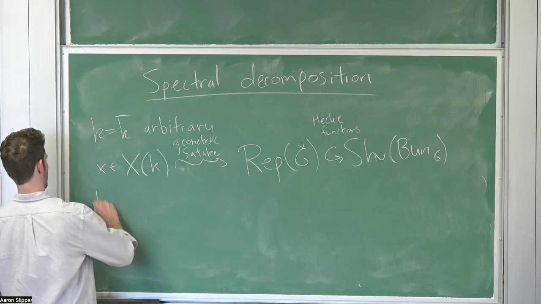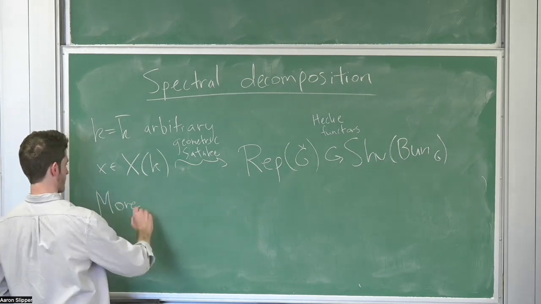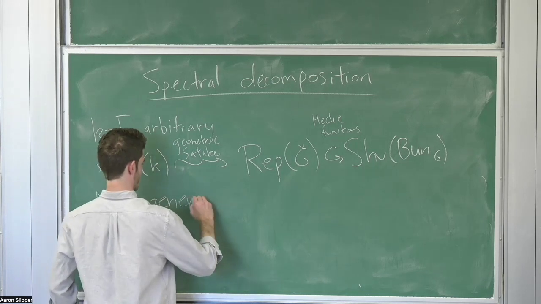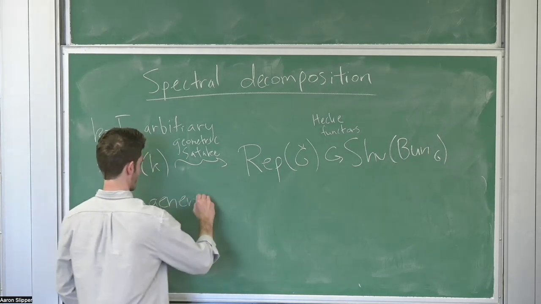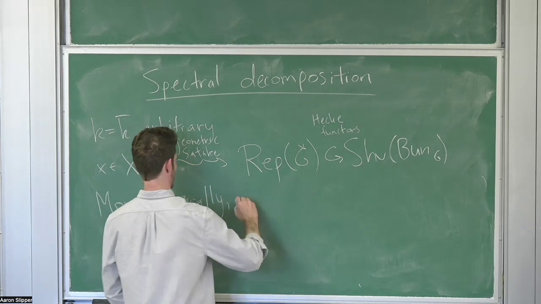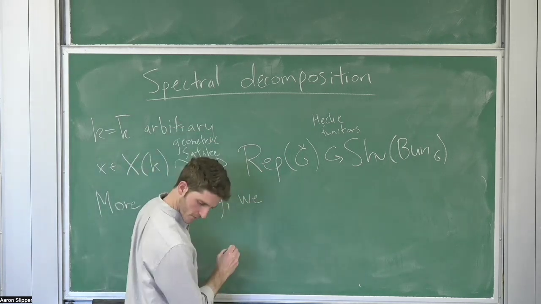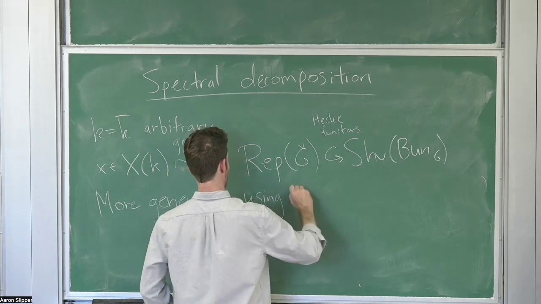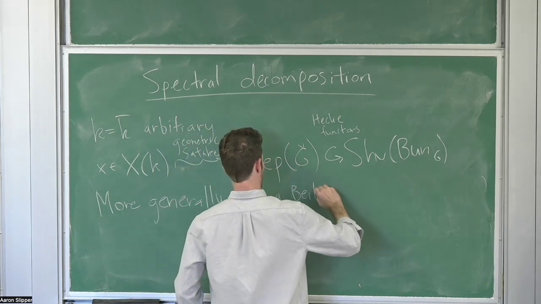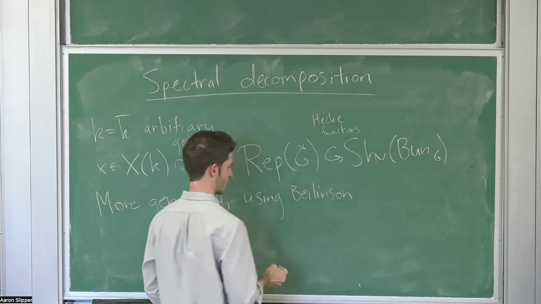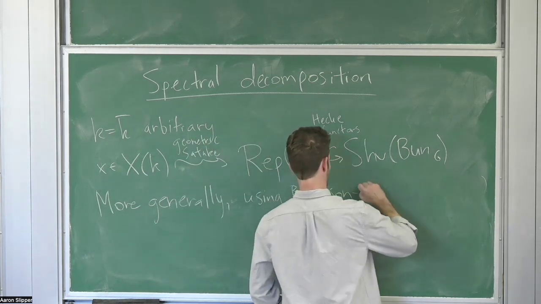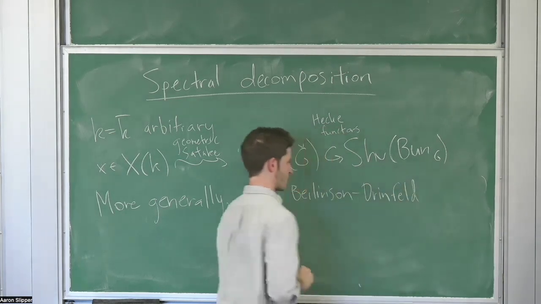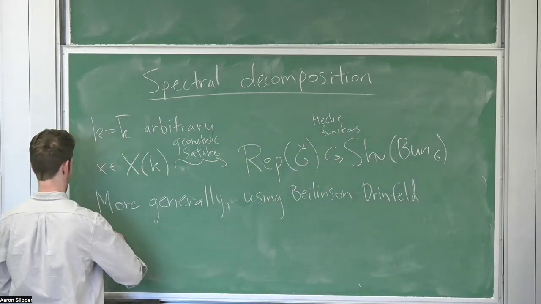More generally, we can do this allowing the point x to vary, or even allowing several points which can collide. So sort of using the Beilinson-Drinfeld Grassmannian, where I allow a finite set of points instead of just a single point, there's also a version of geometric Satake in that situation.